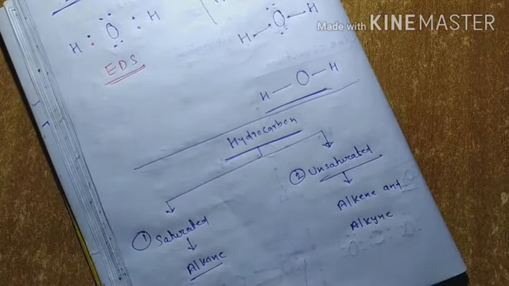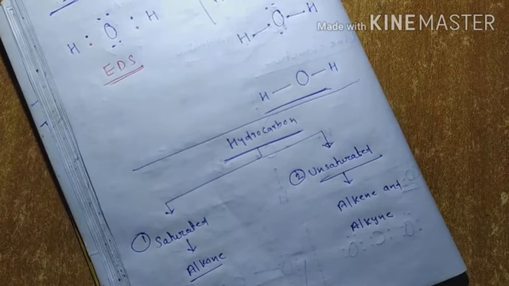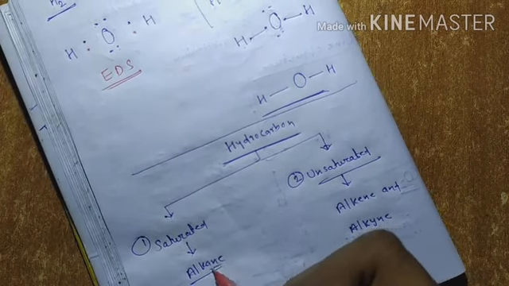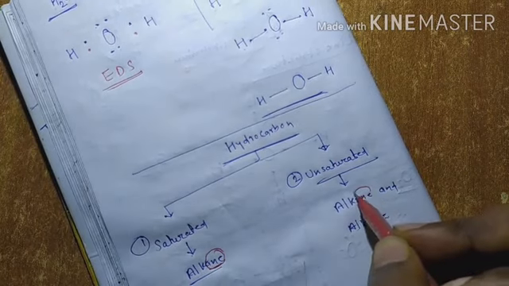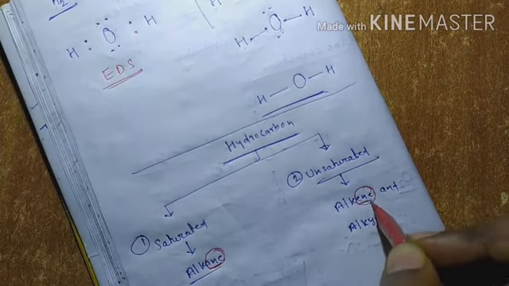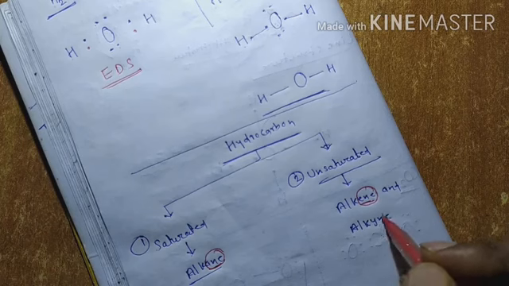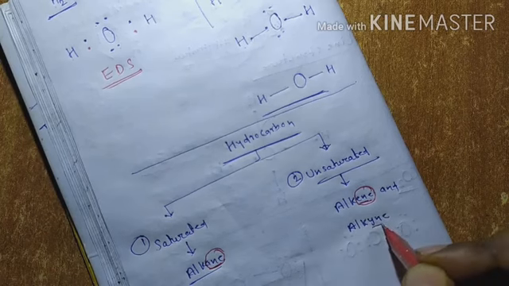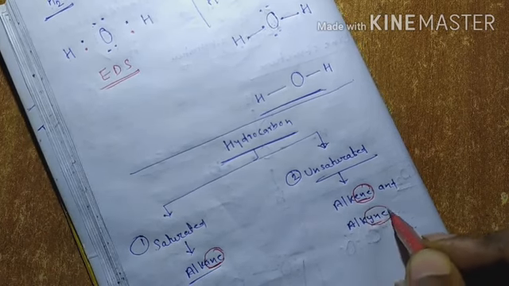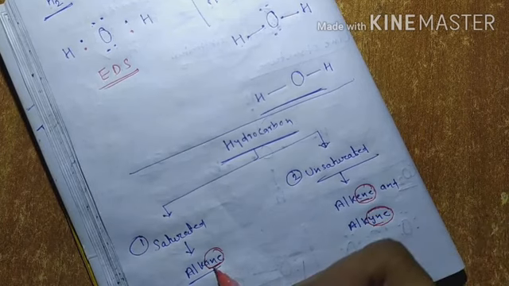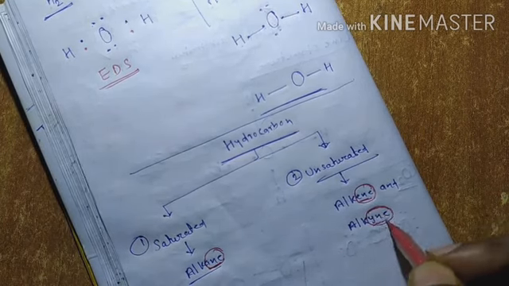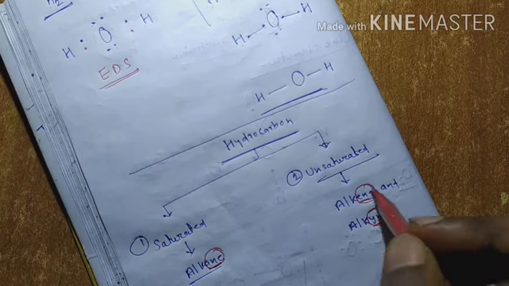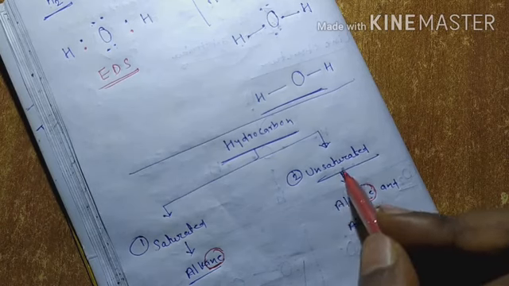The main difference is: alkane, ANE as a suffix; alkene, ENE; alkyne, YNE. This is very, very important. Alkene and alkyne belong to unsaturated hydrocarbons.